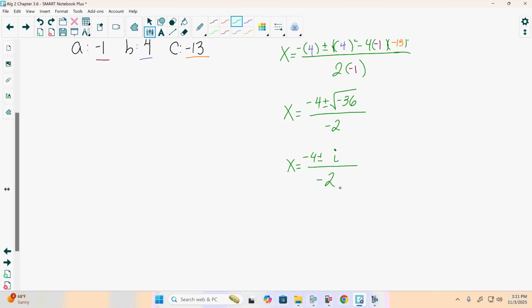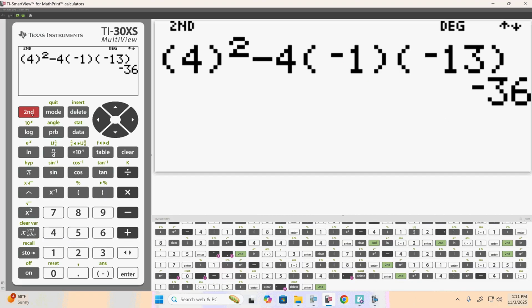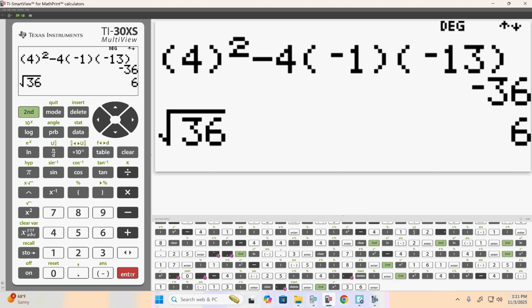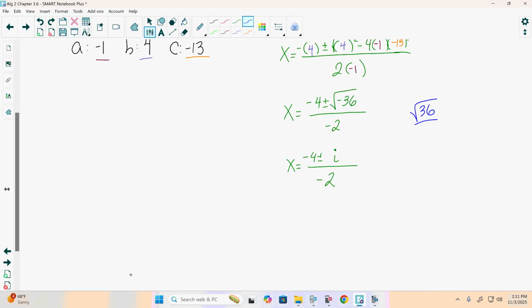Now, the graphing calculator could take the square root of negative 36 as long as 36 is a perfect square. Here it is, so it would work. But otherwise, if it's not, the negative is going to come out as i. And all that's left for me to simplify with the radical is the square root of 36. So now I can come over here and ask it to take the square root of 36, which is 6, telling me that the square root of negative 36 is 6i.